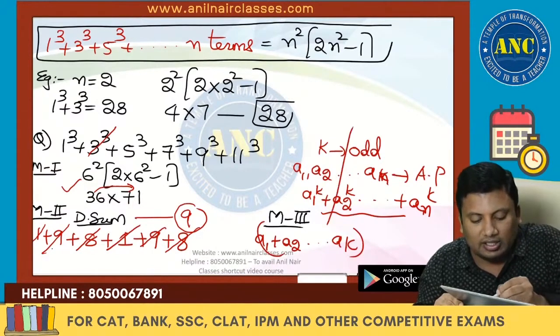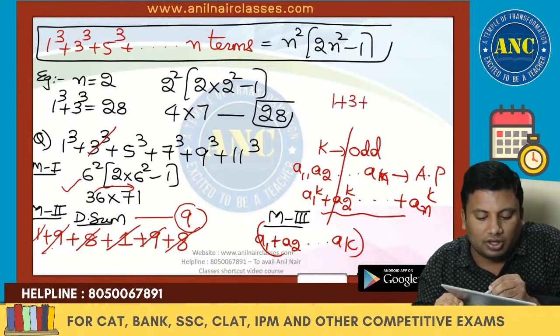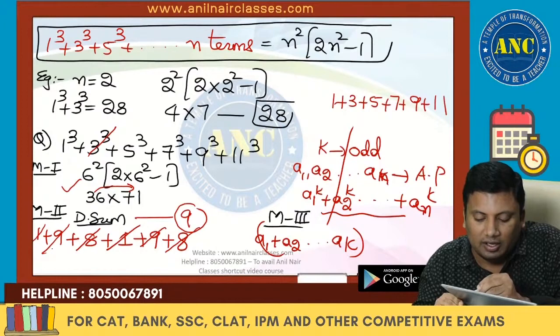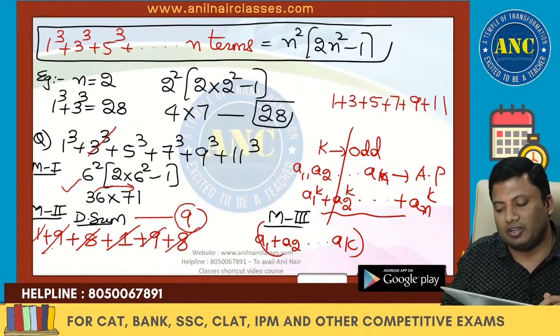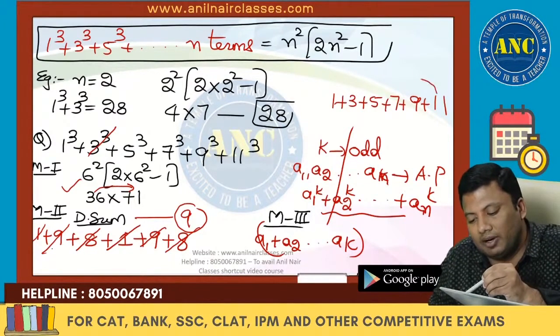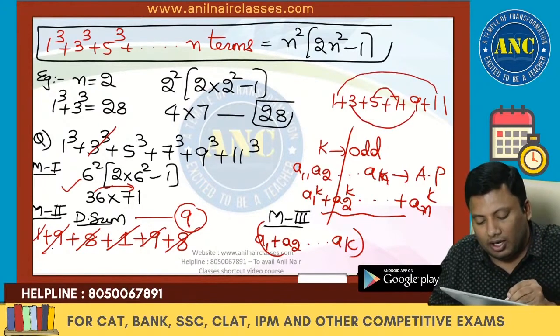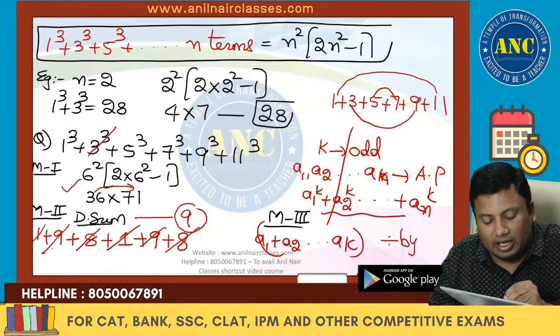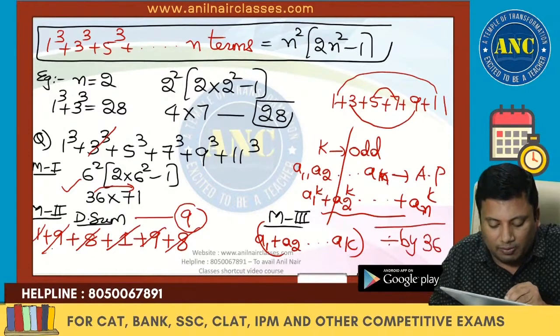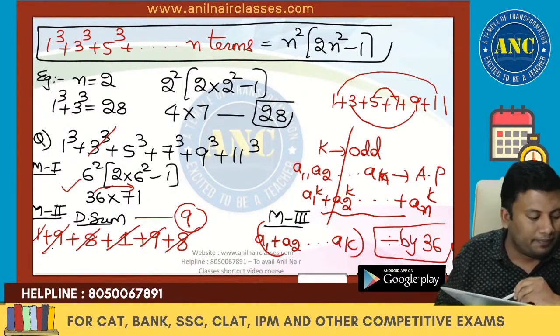So answer is divisible by 1 plus 3 plus 5 plus 7 plus 9 plus 11. 11 plus 1 is 12, 9 plus 3 is 12, 5 plus 7 is 12. Answer is divisible by 36, which is clearly visible in method number 1.